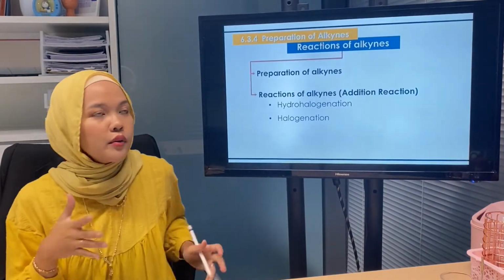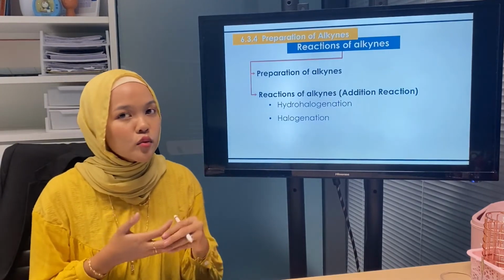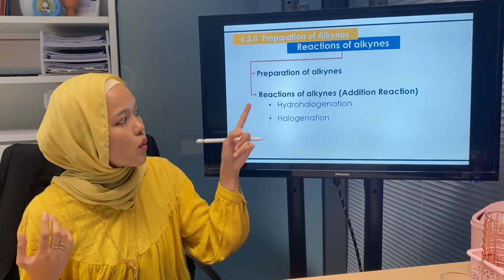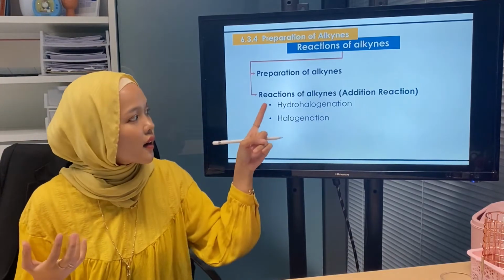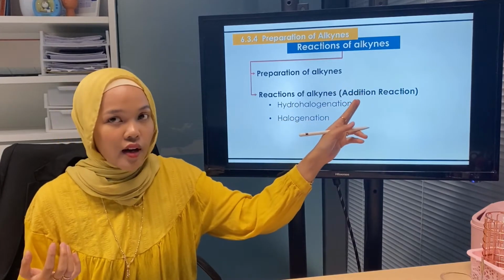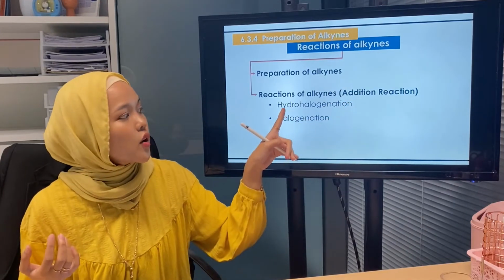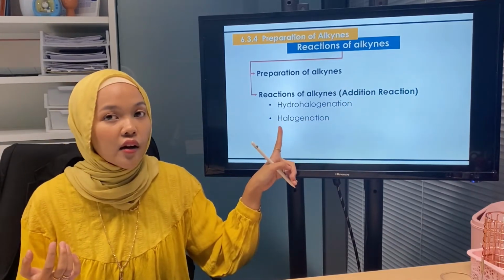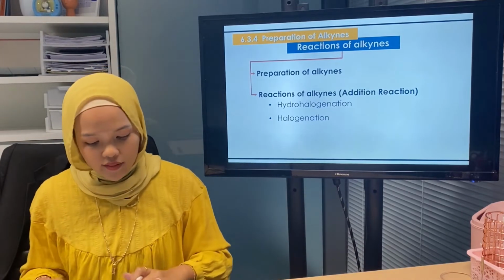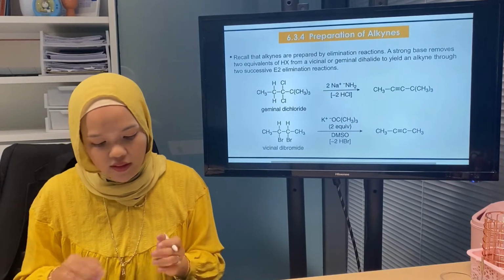So of course, when we talk about reactions, we need to know how you can prepare alkyne, and also what reactions alkyne will undergo, which is addition reaction, but we are going to focus on hydrohalogenation and halogenation. This one we will focus on more.